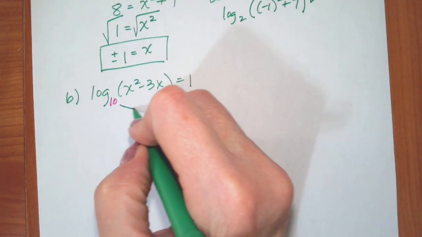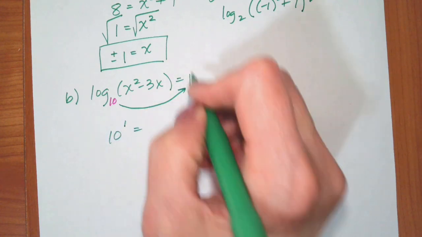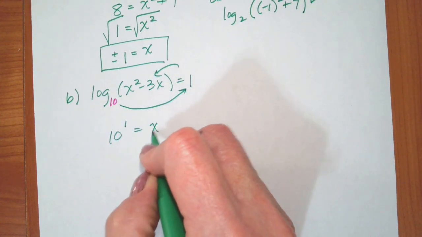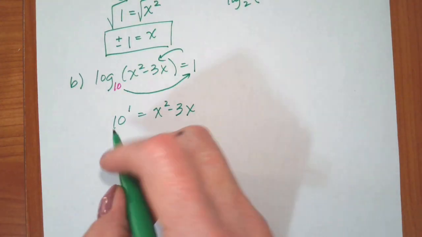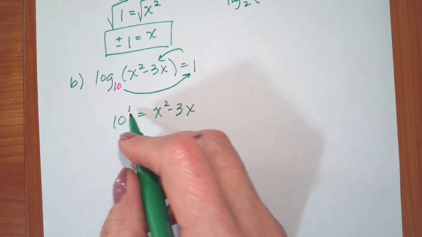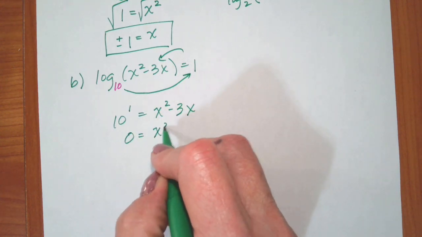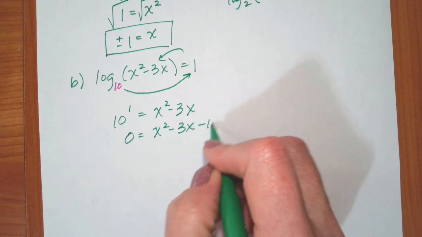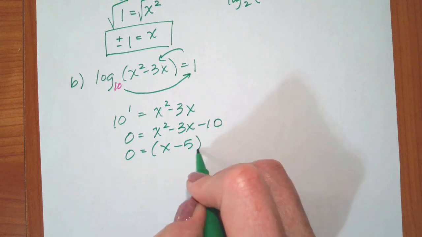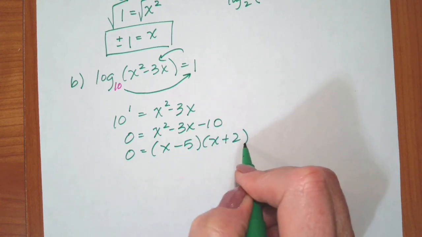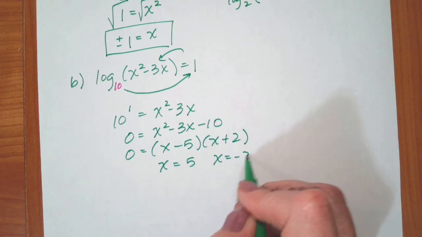So using the definition of log, I can rewrite this as 10 to the first is equal to x squared minus 3x. 10 to the first is just 10. I'm going to subtract it. So 0 is x squared minus 3x minus 10. This factors into x minus 5, x plus 2. So x is 5, x is negative 2.